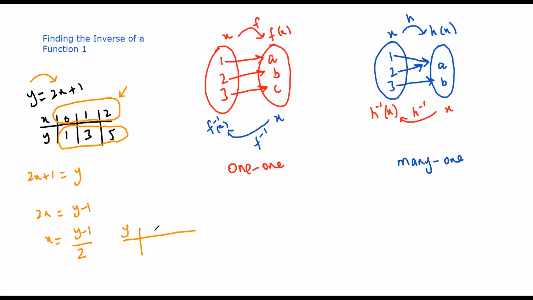Suppose you substitute y as 1, 3, and 5, and see what you get x as. When you put y as 1, you get x as 0. This is going to be 1. This is going to be 2. So now this is your domain over here. So you see, this was y in terms of x, and now this is x in terms of y.